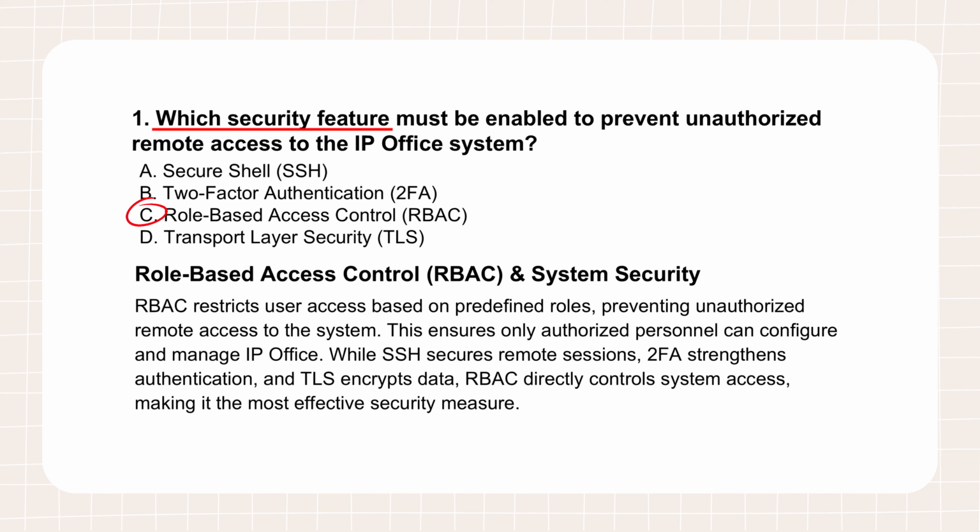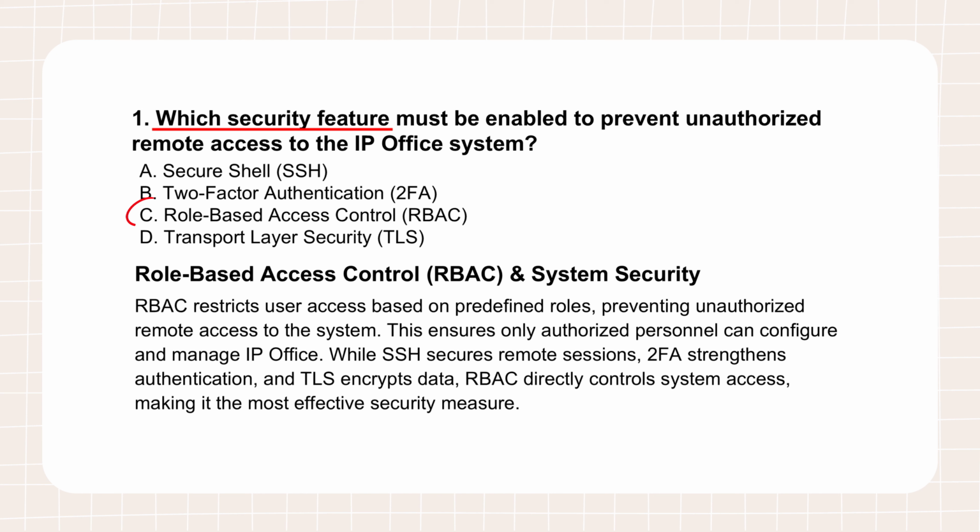Even if you have the strongest password, which 2FA helps ensure, and your connection is completely encrypted thanks to SSH and TLS, if a user account has been granted, say, administrator privileges that it shouldn't have, someone who compromises that account still basically has a master key. RBAC is about making sure those powerful keys are only in the hands of those who genuinely need them for their specific tasks. It's about controlling who even has the ability to attempt remote access in the first place.